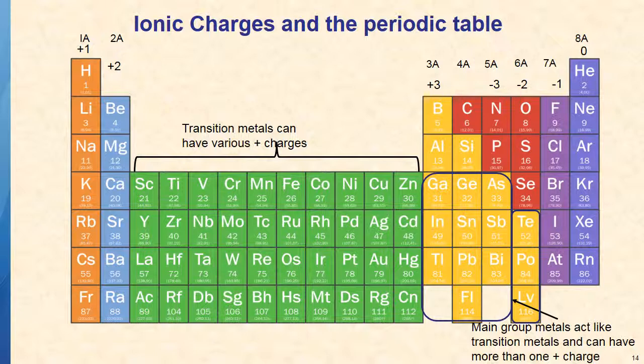And then notice those main group metals under group 4, 5, and 6, actually a little bit of 3. Those in group 3 will always have a +3, but they might actually have another positive charge also. So just like the transition metals, the ones in those ovals, you have to be told what the charge is.